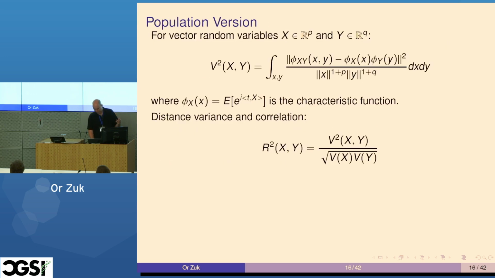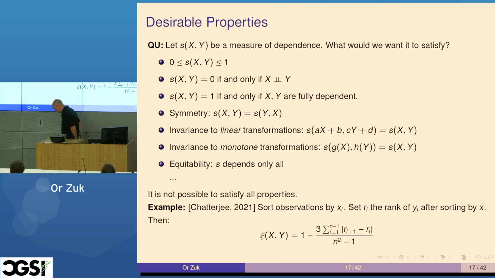Now, someone was asking what it is invariant to, what kinds of transformations. In recent years there has been some activity in trying to say what we really want this dependency measure to satisfy. Everybody was coming with their own coefficient and their own tests, and in each paper there are simulations showing that this method is better than the other method. The question is, can we build more of an axiomatic approach?